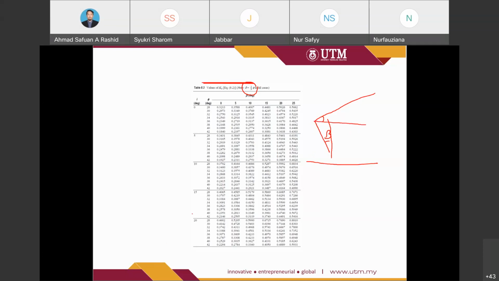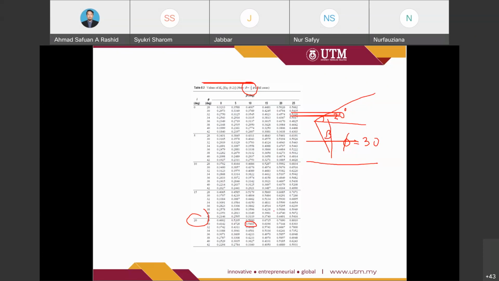For example, if we refer to 20, then we can estimate the Ka value based on the different phi values as well. Let's say phi is equal to 30, so we choose 30 here, with i equal to 20 and beta equal to, for example, 10. So the value for Ka is 0.5403.